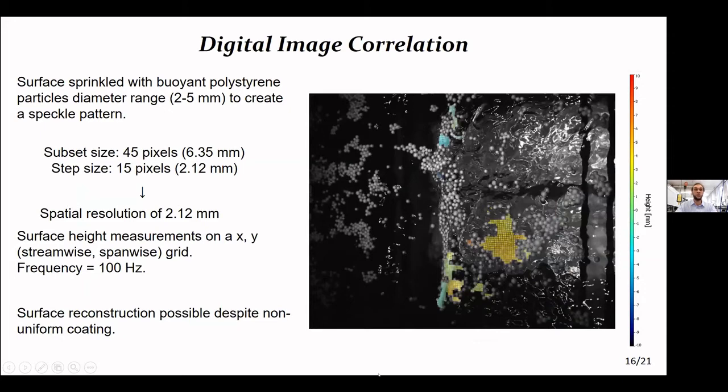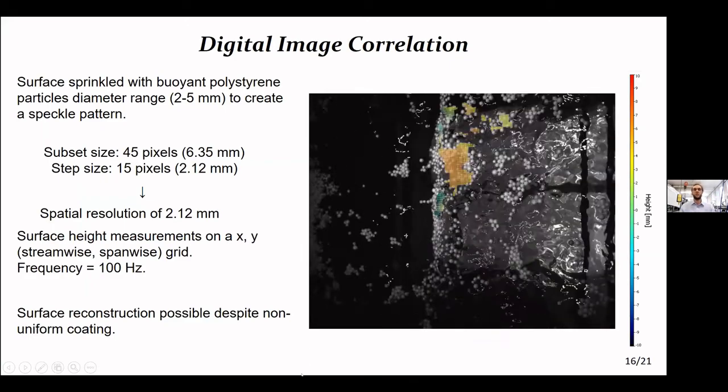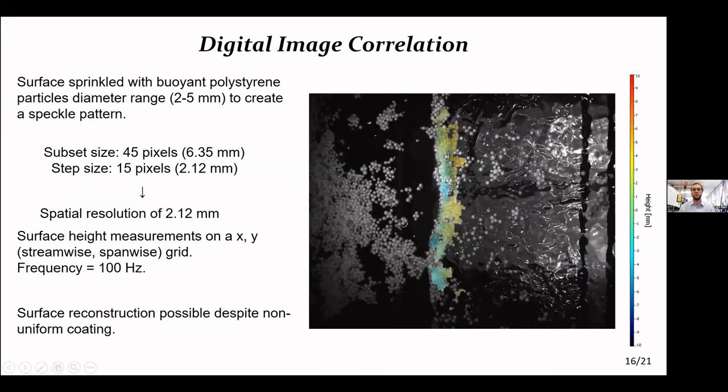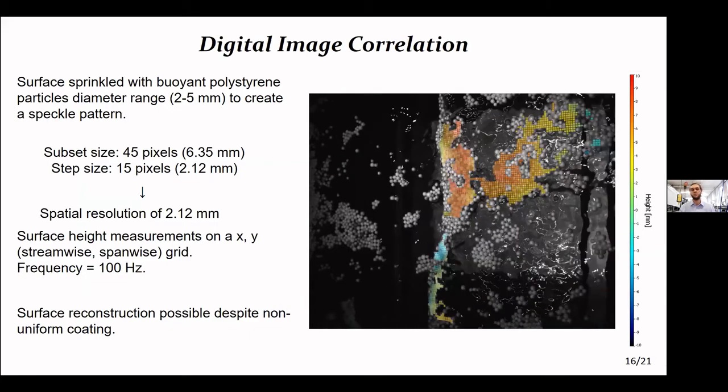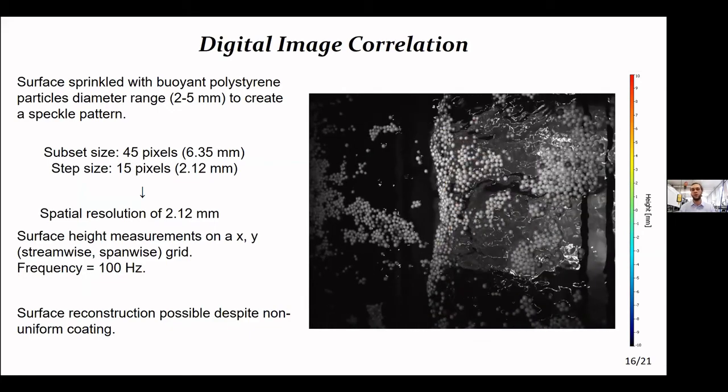Regarding the digital image correlation, the surface was coated by buoyant tracers that were sprinkled from upstream. The tracers were polystyrene of 5 millimeters in diameter, and they were used to create speckles.